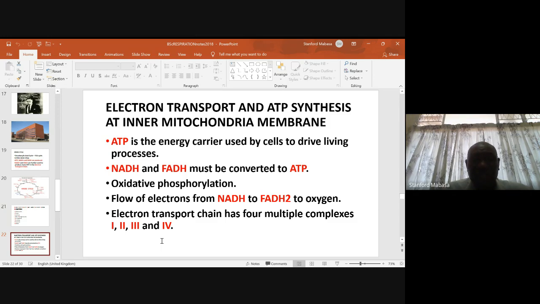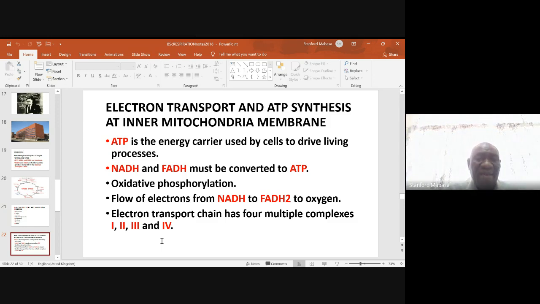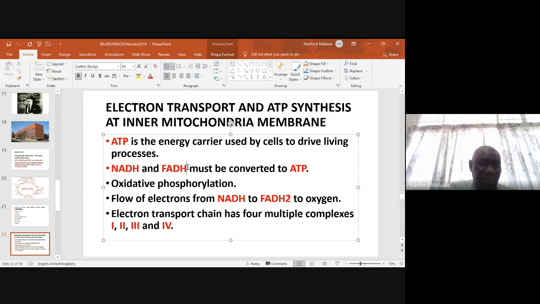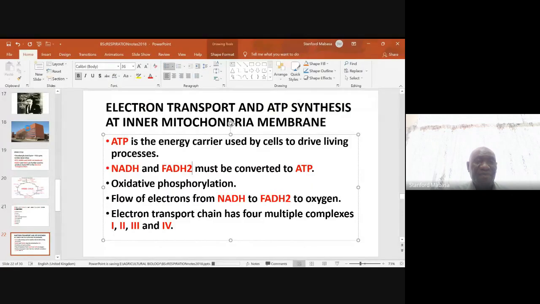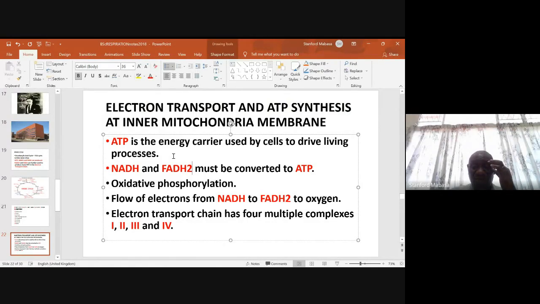We have the flow of electrons from NADH and FADH2 to oxygen. So there should be a 2 here. So we have the electron transport chain, which has got 4 multiple complexes. Complex 1, complex 2, 3, and 4.